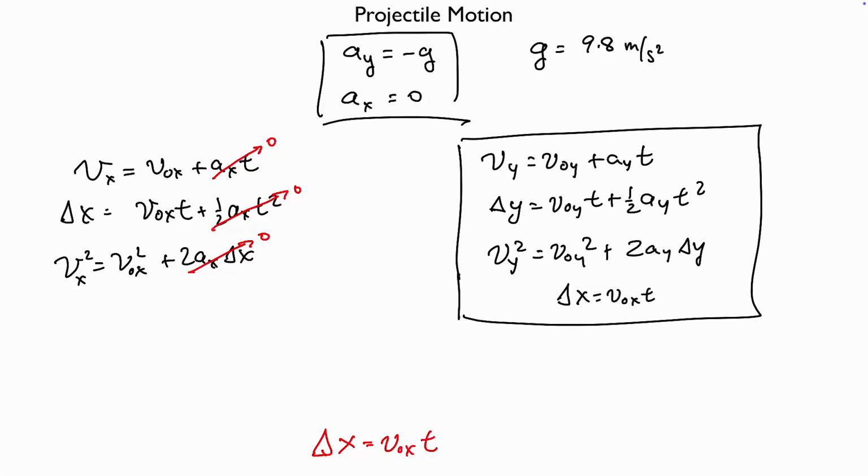Is that what they do? Yeah. Okay, so they do y final minus y initial equals v naught sine theta t minus 1/2 g t squared.